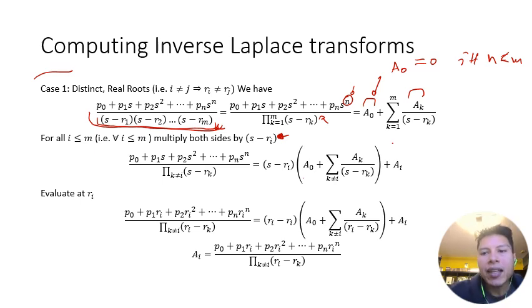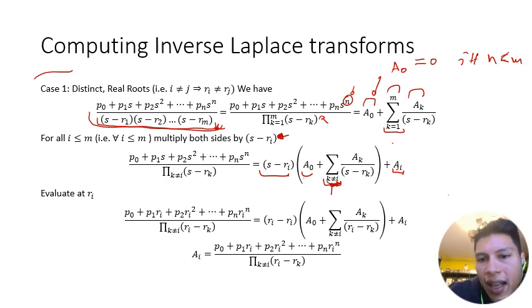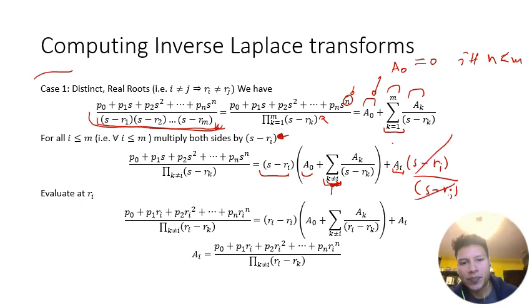What's going to happen is that this sum from k equals 1 to m will have that A0, and then all terms except for the one where ri is present multiplied by s minus ri. And then for the Ai term, we're going to have s minus ri divided by s minus ri. So that factor will actually cancel.